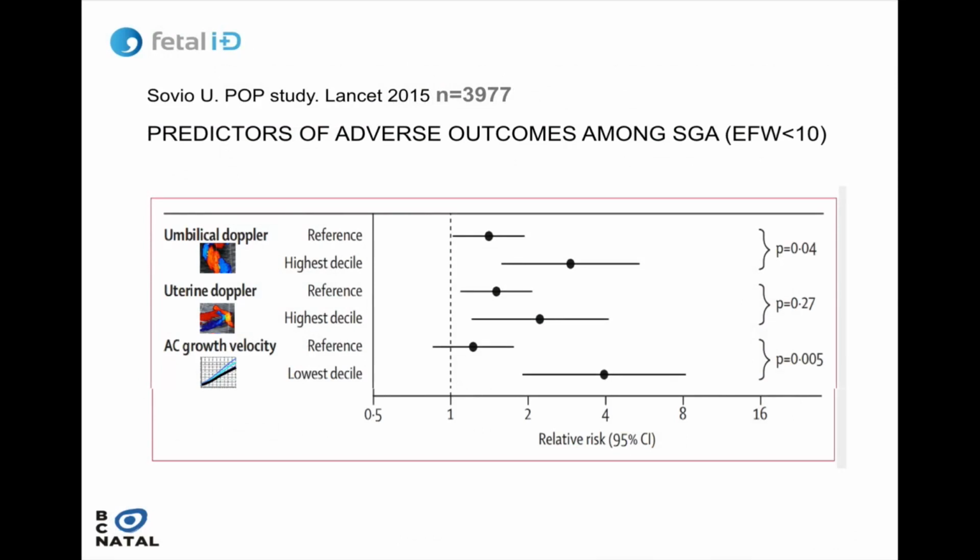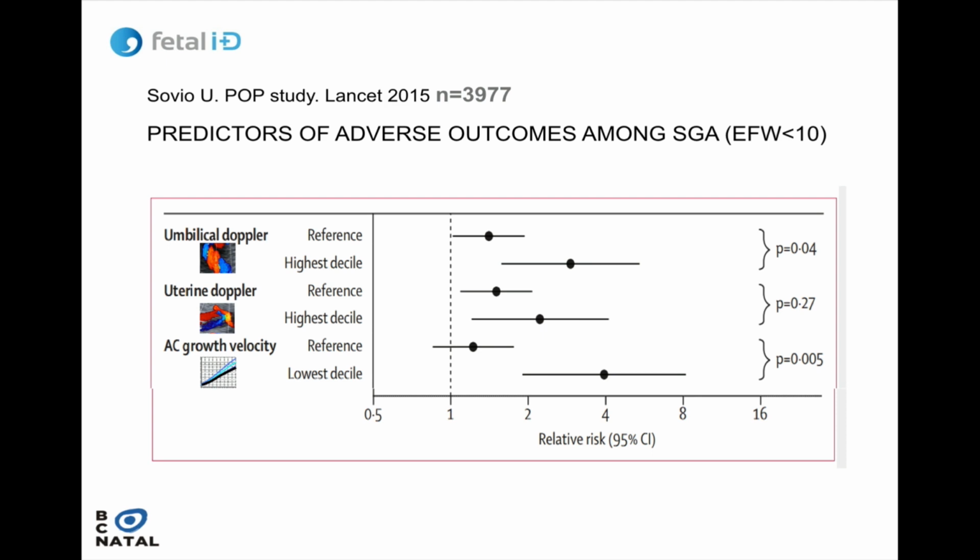And now I come to the other parameter I was mentioning. Should we measure growth velocity? This is a very important and very well done study that was also published 2 years ago. The main goal of the study was to show that it's worthwhile doing an ultrasound in the third trimester.